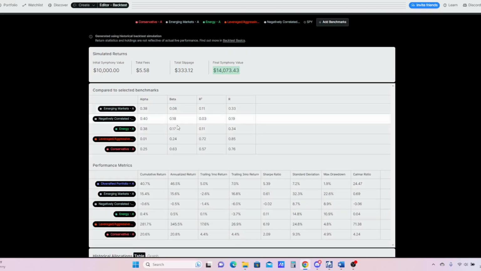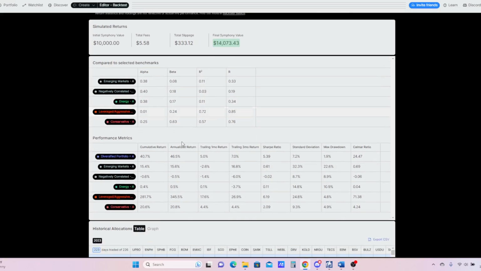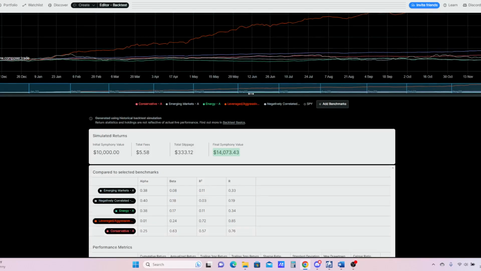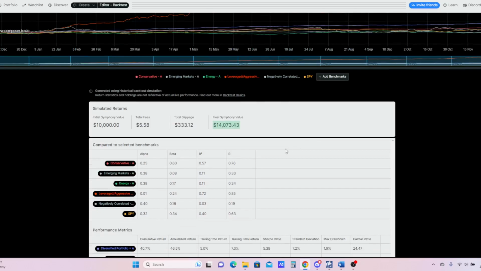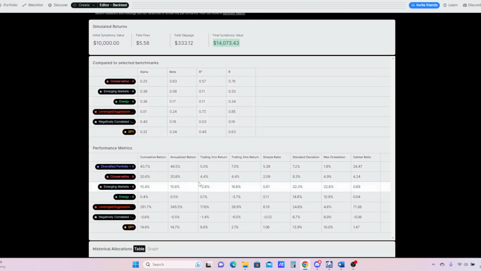So the beta to each individual one is relatively low, other than the conservative one. And then, well, let me just do the SPY too. Then might as well. So even its beta to SPY is still pretty low, which is nice.